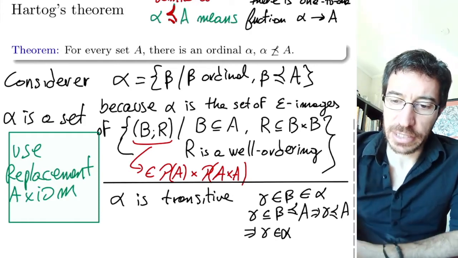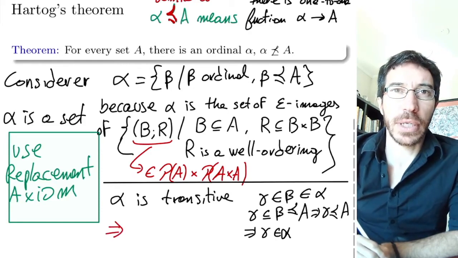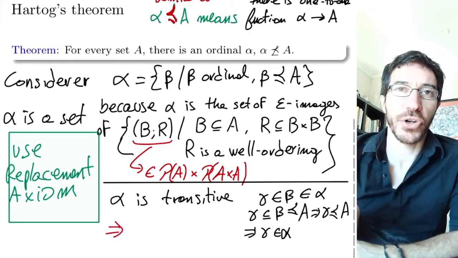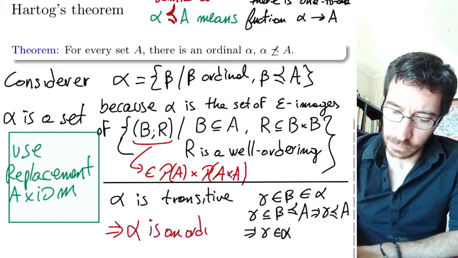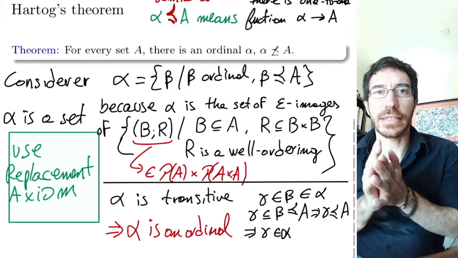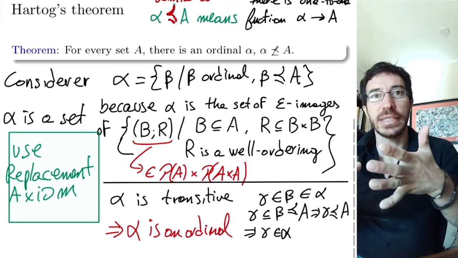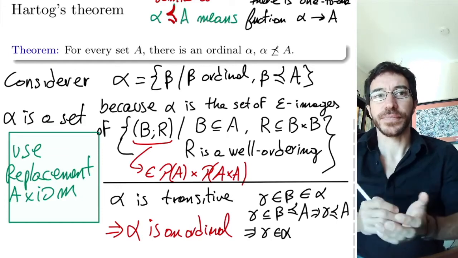So if you have a transitive set of ordinals, we proved last week that means you are an ordinal, right? Remember that every ordinal is a set of all the previous ordinals. So every ordinal is not only an ordinal, but it's also a set of ordinals.